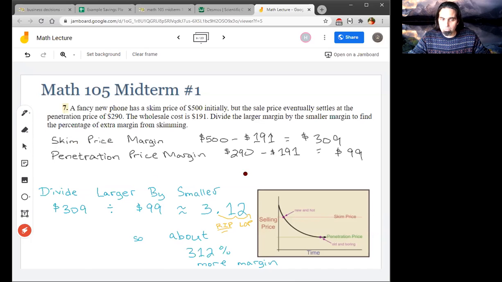It's about 3 times as big. Easy math, but if you haven't heard all the jargon, I could see why you'd want me to do this one.